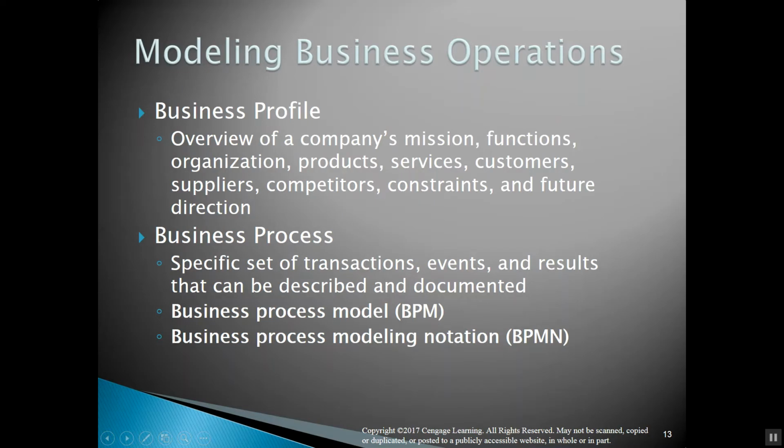Now, a business profile is an overview of the company's mission, function, organization, and products, and the business process is how they do things. Is it important to know what a business's mission is, or how people work together?